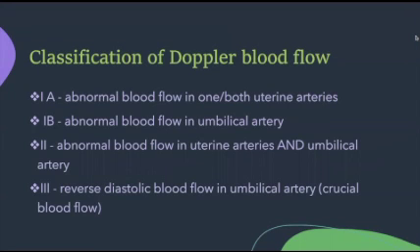So, classification of the blood flow in dopplerometry. 1A is abnormal blood flow in both uterine arteries. 1B is abnormal blood flow in the umbilical artery. Second degree is abnormal blood flow in the uterine artery and umbilical artery. And third degree is reverse diastolic blood flow in the umbilical artery.